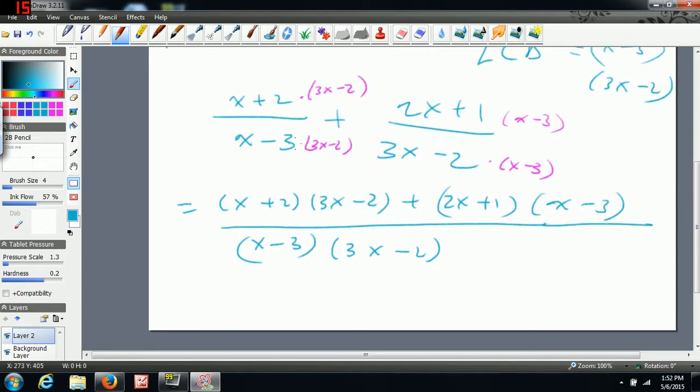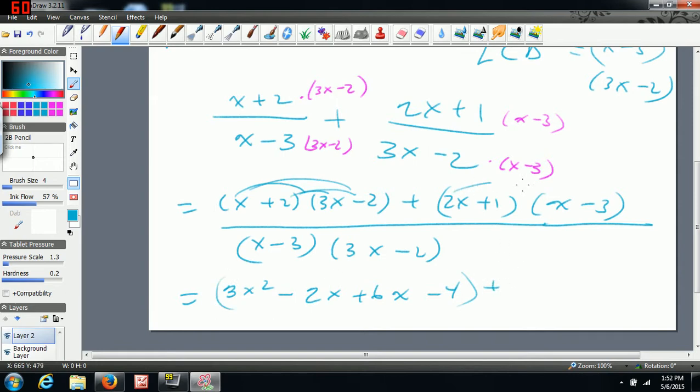So we got our common denominators, then we added the tops over here, and now what you're going to do is just simplify. You could use FOIL to do that. So that becomes 3x squared minus 2x plus 6x minus 4, the first bracket.